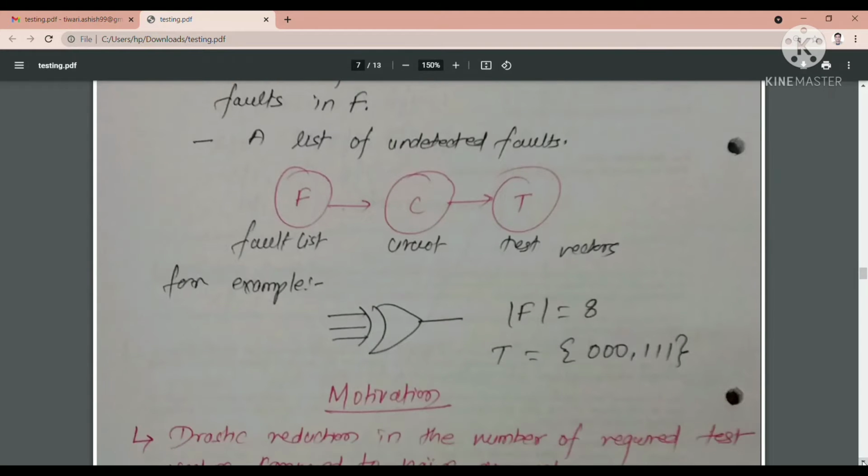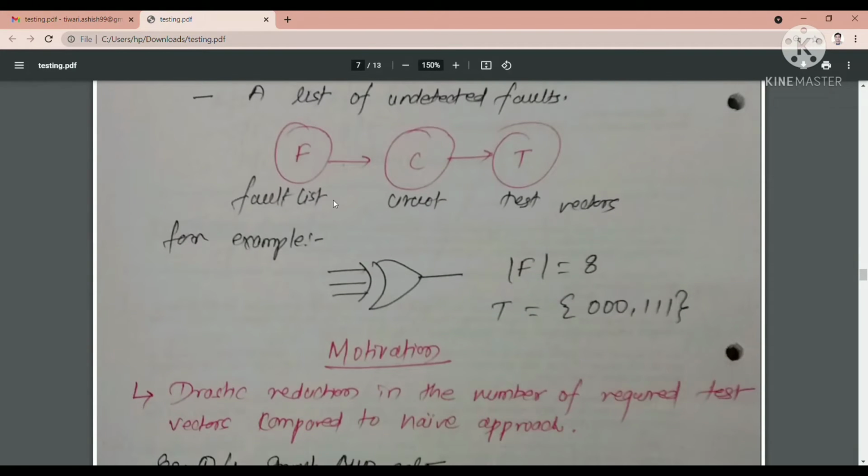For example, here this is a 3 input XOR gate, and 4 lines are there: 3 input lines and 1 output line. How many possible combinations of faults can be here? If I talk about stuck at 0 and stuck at 1 faults, then there can be 8 combinations. Each of the lines can have a stuck at 0 fault or a stuck at 1 fault, so if you multiply, we get 8.